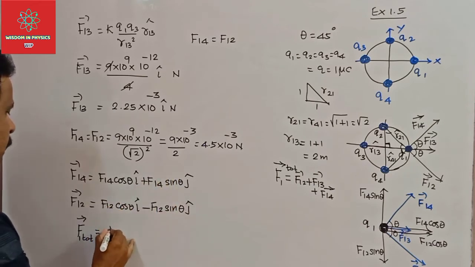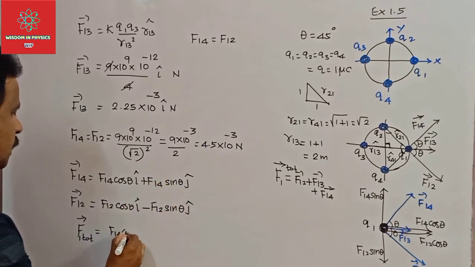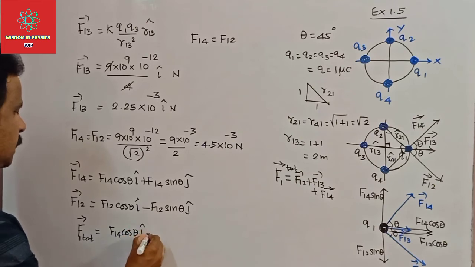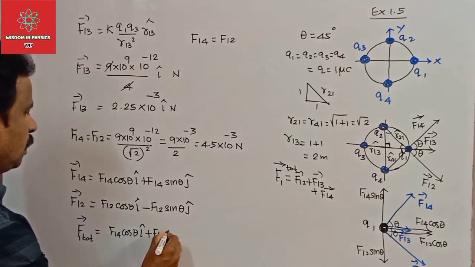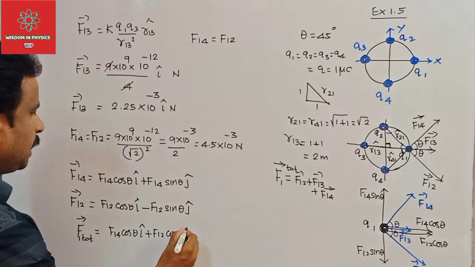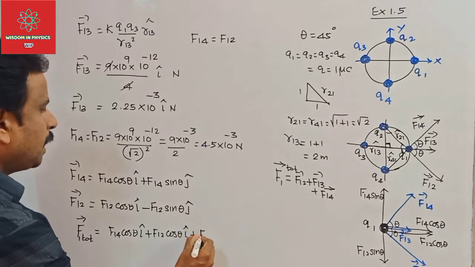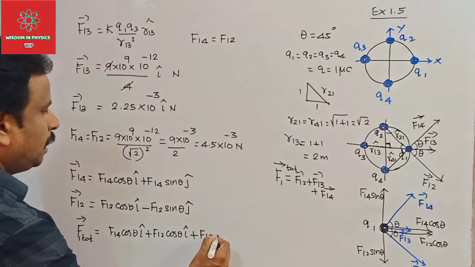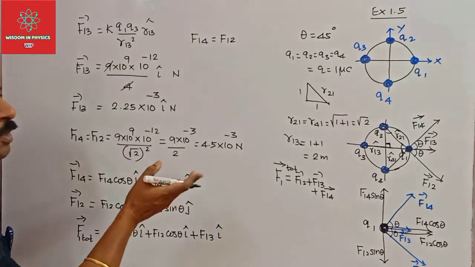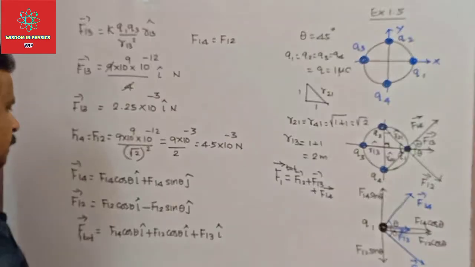Therefore you get F14 cos theta I cap plus F12 cos theta I cap. Then also you can add F13 I cap, that is also acting along the positive x-axis.